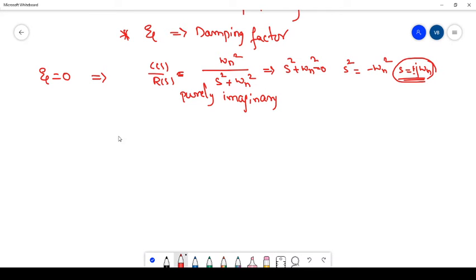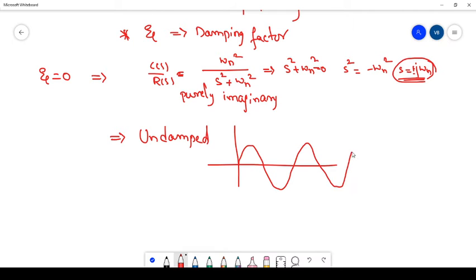So how are we going to get the response? Purely imaginary means that it will continuously oscillate. So that response is called an undamped system response. The response will be like this, continuously oscillating. It will not settle at a particular value, it will continuously oscillate around the output value.